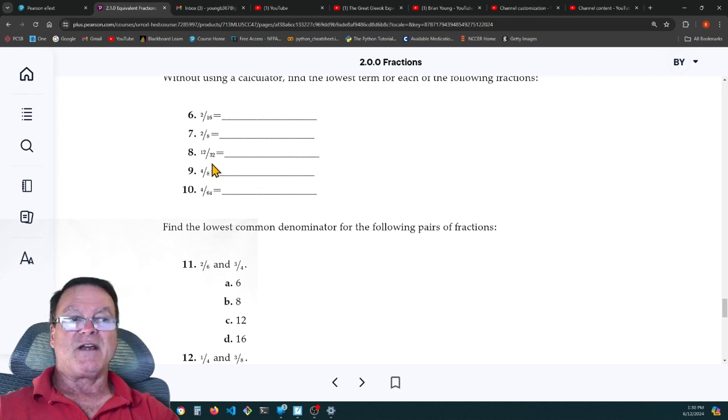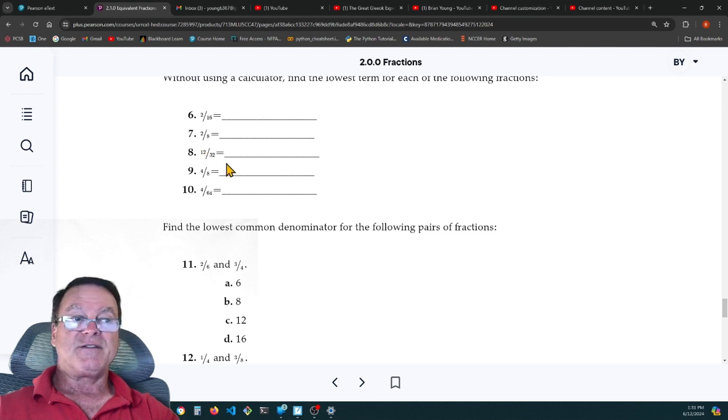12/32. We have to be careful here. 12/32, if we were to divide by 2, would give us 6/16. But 6/16 can also be reduced. So we could go to 3/8. If we took 12/32 and divided by 4/4, 12 divided by 4 is 3, and 32 divided by 4 is 8.